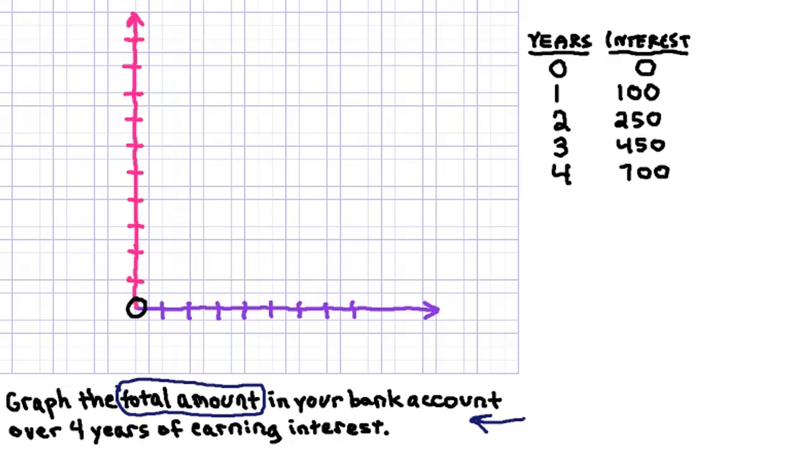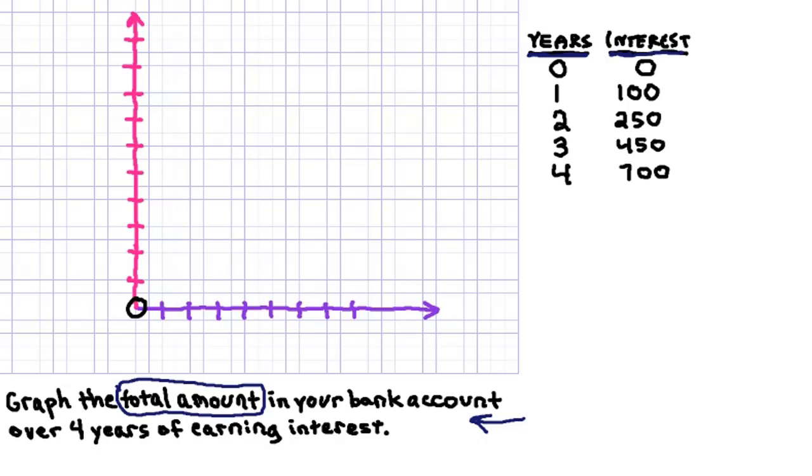So if you look up at your table, the years haven't changed. So year 0, year 1, year 2, year 3, and year 4. And then your interest is $0 when you first open it up, you earned 0 interest. Then after the first year, you have $100 of interest.